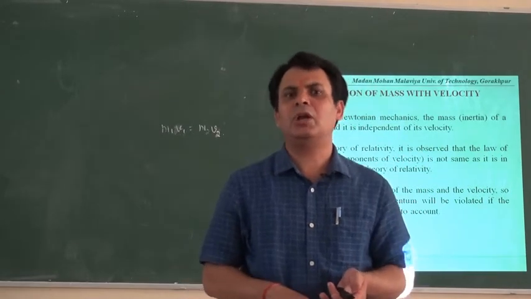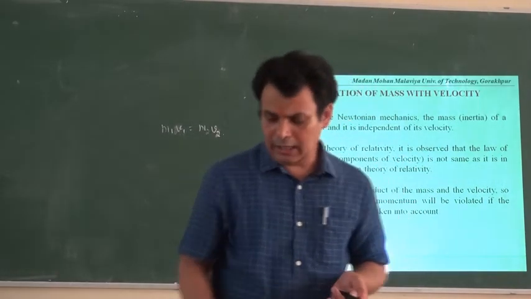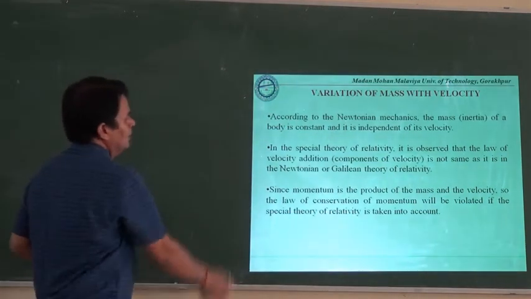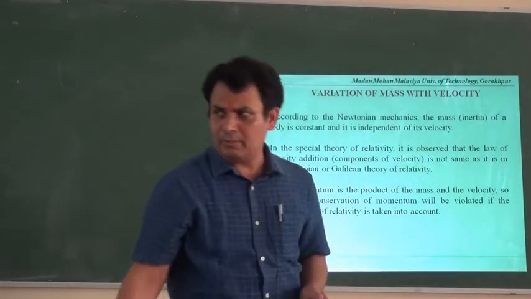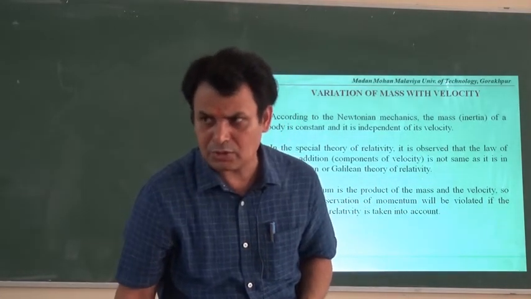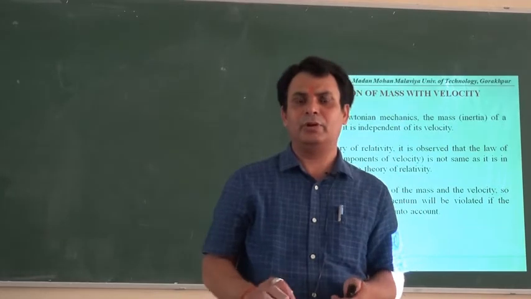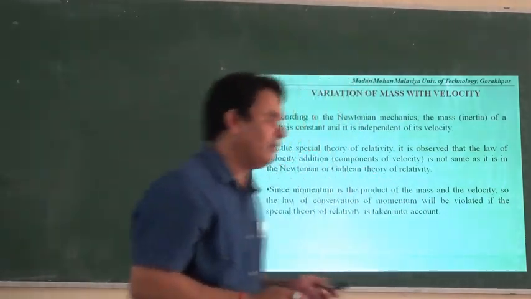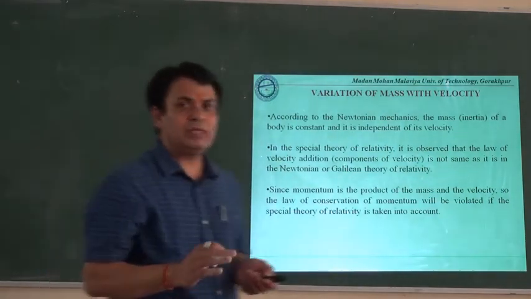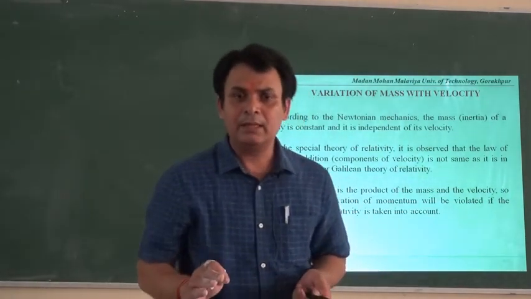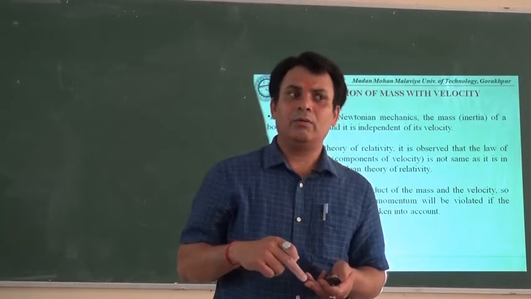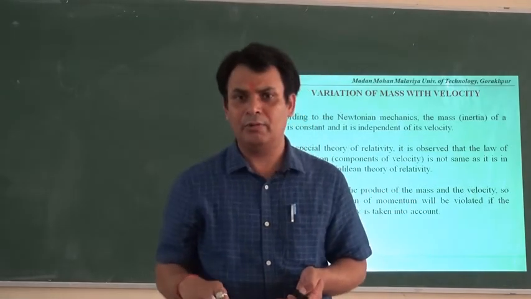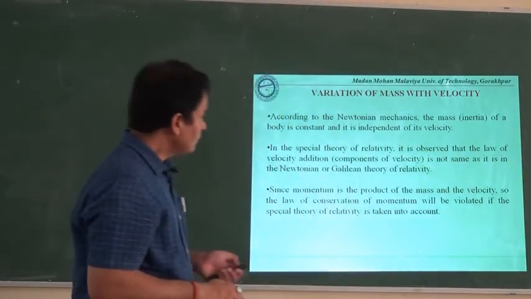As a simple case, the law of conservation of momentum can be preserved at the cost of the variation of the mass of a body, and the basic concept of the variation of mass begins from this point. You can consider this the origin of the thinking for the variation of the mass of a body with velocity.